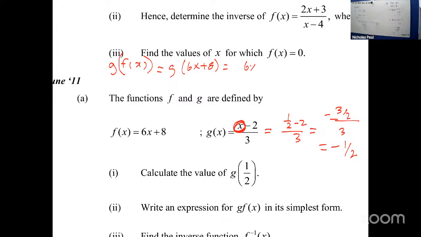So that'll be 6x plus 8 minus 2 all over 3. I got 6x plus 6 all over 3. You can simplify further. You can divide both by 3. 3 into this 1, 3 into this 2, 3 into this 2. So I got 2x plus 2. That's your final line, 2x plus 2.